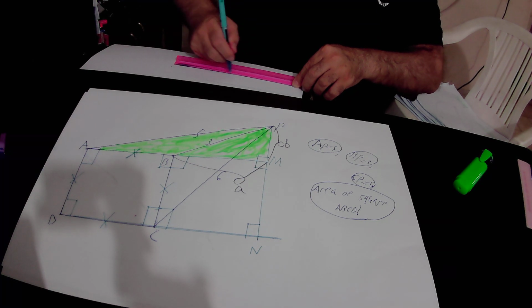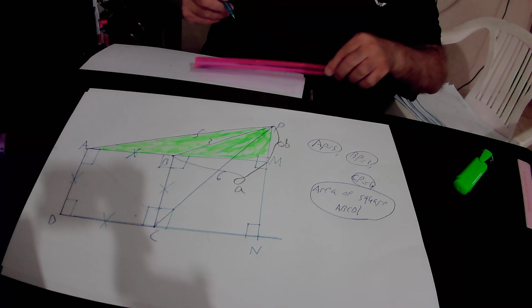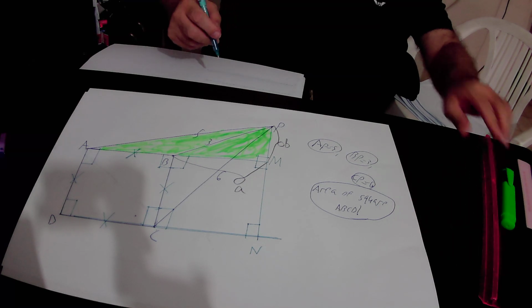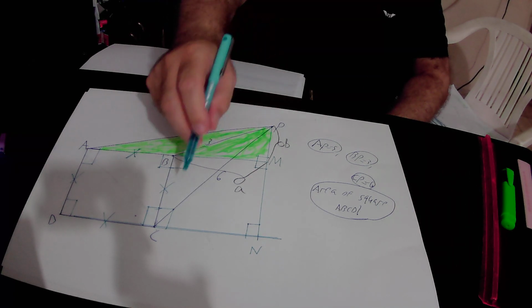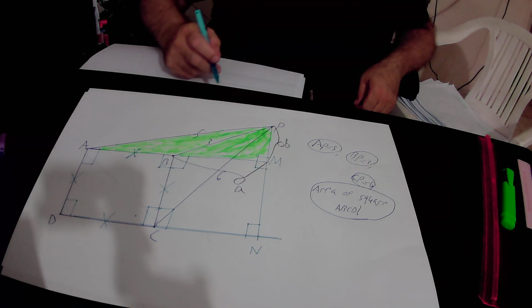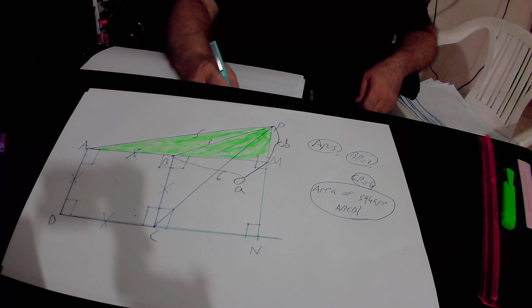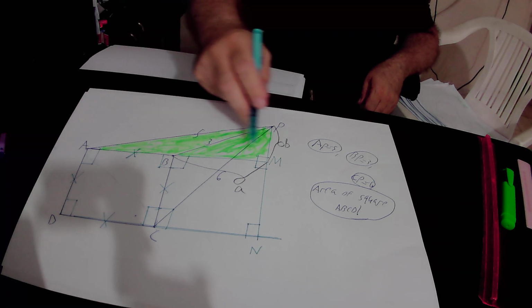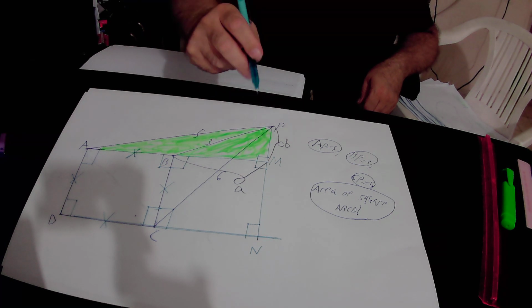And we know that the opposite sides of a rectangle are equal to each other. That is to say, BM equals CN. But according to our definition, BM equals A units.